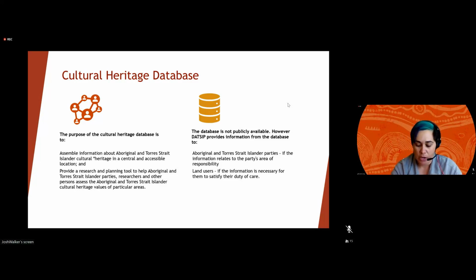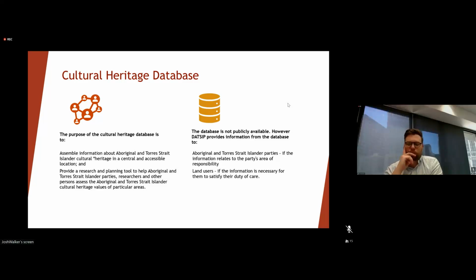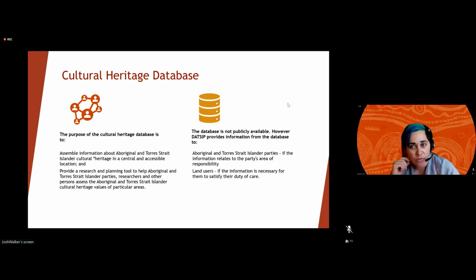It also leads to what Josh was talking about, consultation fatigue, because you'll have proponents who want to meet every second weekend just to get it done in order to get the outcome that they need, and it's just not practical. Which is why training sessions like this, and making everyone as aware as possible of the Cultural Heritage Act and the Native Title Act and how they work, are important.